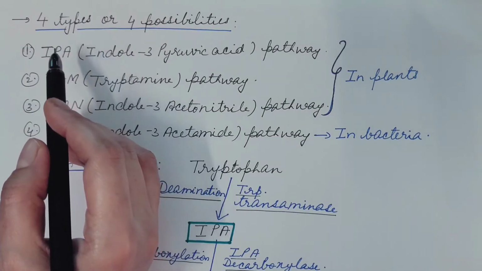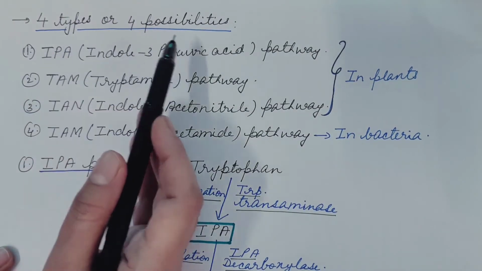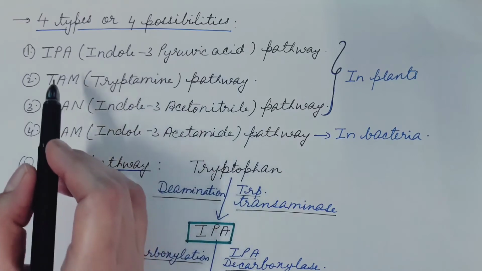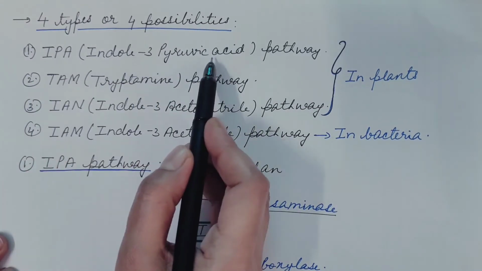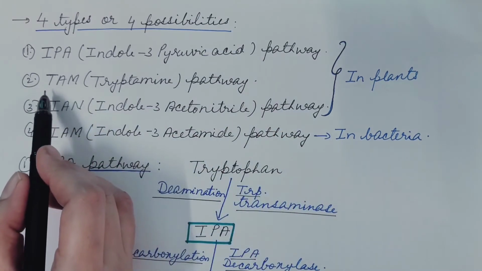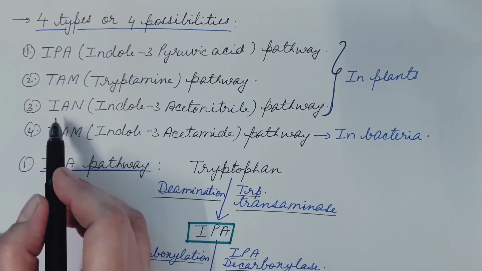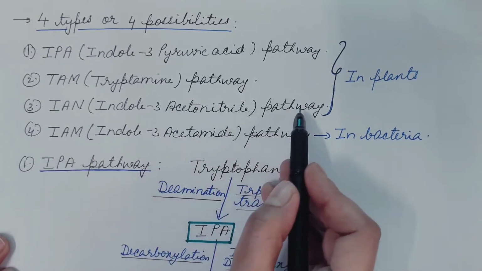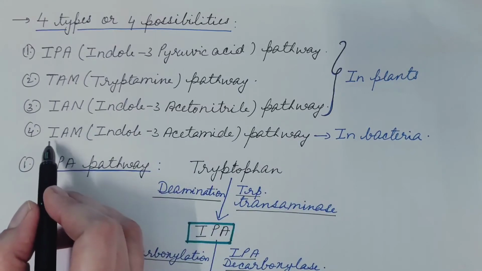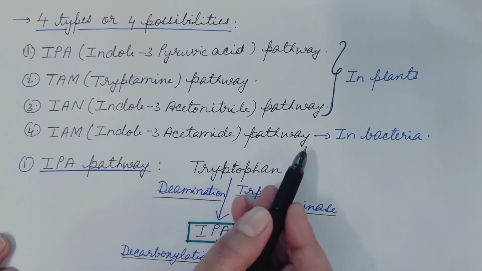Now in the tryptophan dependent pathway, four possibilities are there. One is IPA, that is the Indole-3-Pyruvic acid pathway. Second is TAM, that is the tryptamine pathway. Third is IAN, the Indole-3-Acetonitrile pathway. Fourth is IAM, the Indole-3-Acetamide pathway.